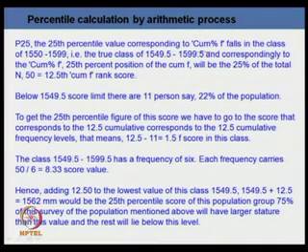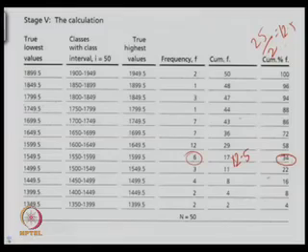To get the 25th percentile figure of this score, we have to go to the score that corresponds to the 12.5 cumulative frequency level. That means 12.5 minus 11, 1.5 frequency into the class. Means here is 11, so we have to go to 12.5, means 1.5 we have to cross here.